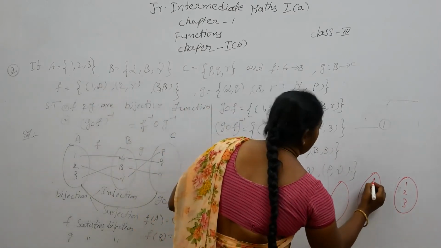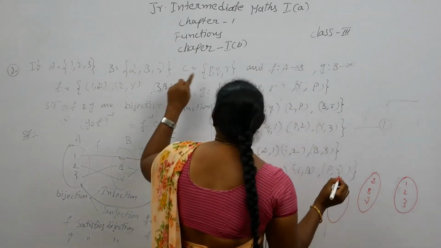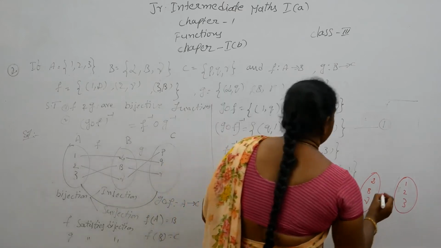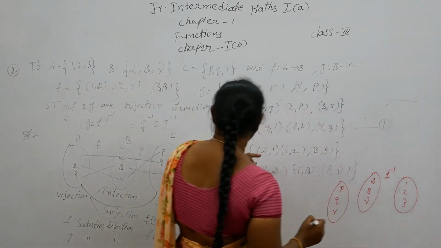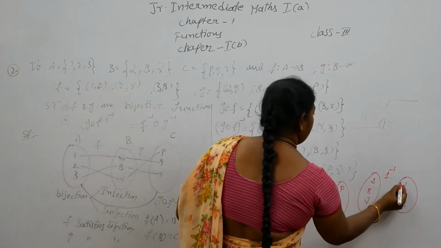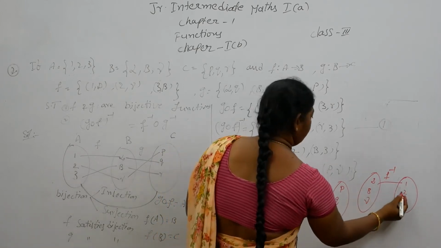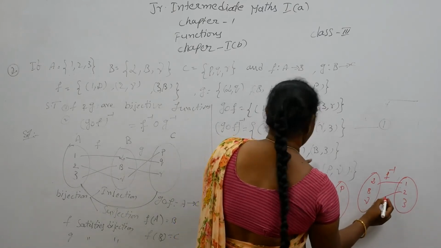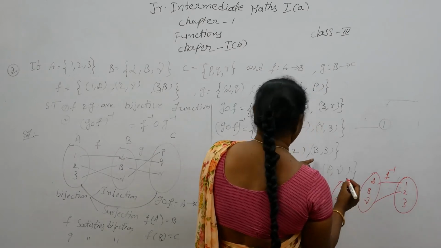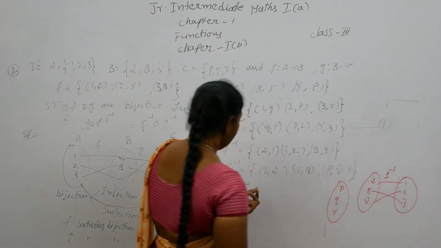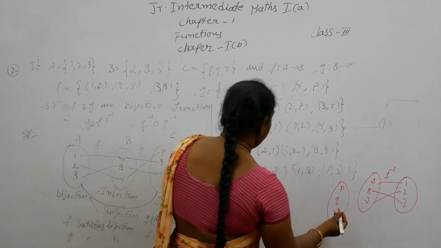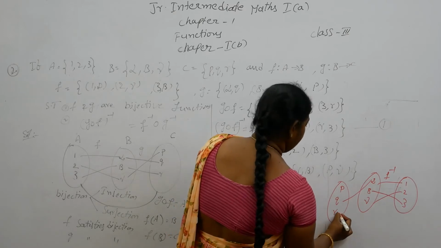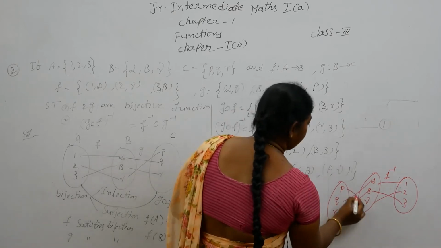B ఈక్వల్ టు ఆల్ఫా బీటా గామా అండ్ C ఈక్వల్ టు p q r. నెక్స్ట్ f inverse ఈక్వల్ టు 1 to alpha, 2 to gamma, beta to 3 and g inverse equal to q comma alpha and r comma beta and p comma gamma.